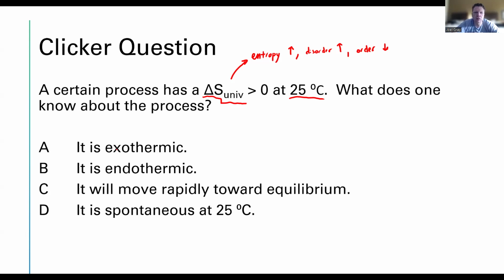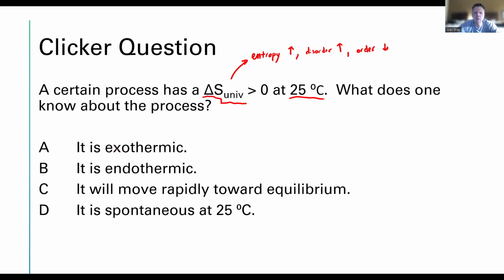That indicates that the total entropy change for the process is positive. This implies that the system and its surroundings together experience an increase in entropy during the process. And so based on this, we can surmise that our reaction is B, endothermic.